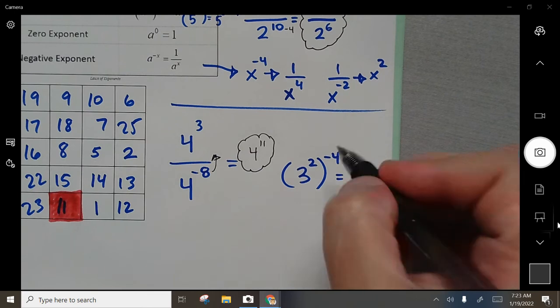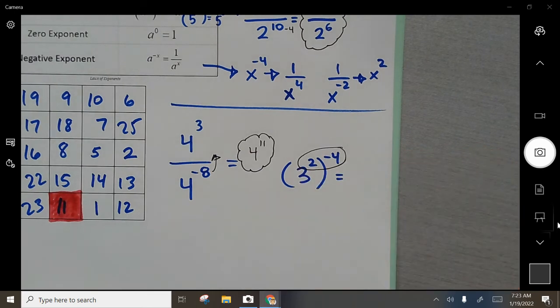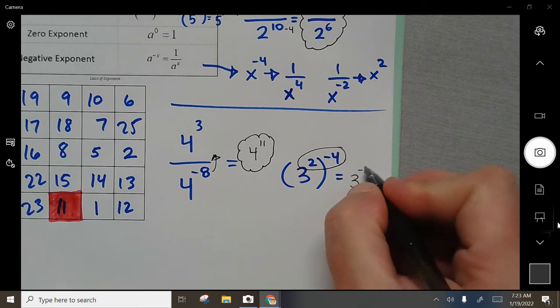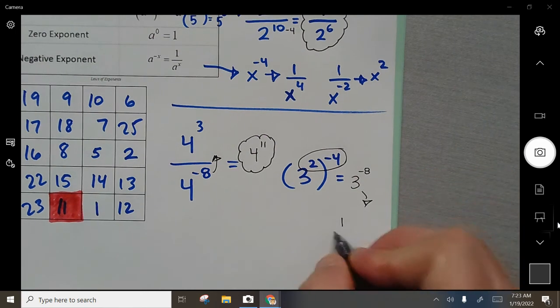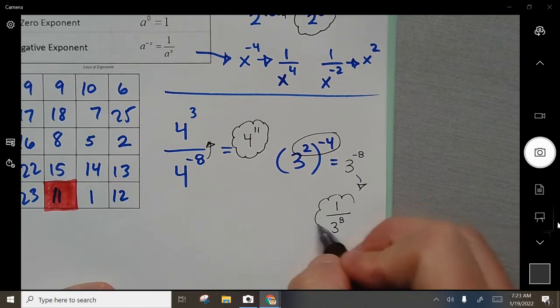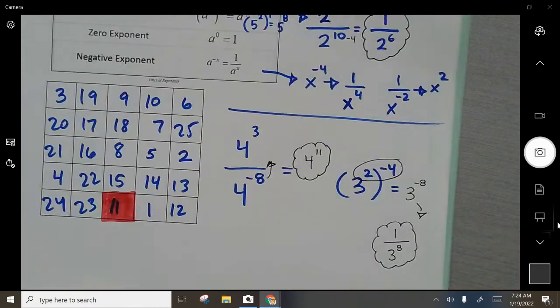Remember, you have to multiply. 3 to the negative 8, but then that comes down and becomes 1 over 3 to the 8th. All right. Cross out 8.